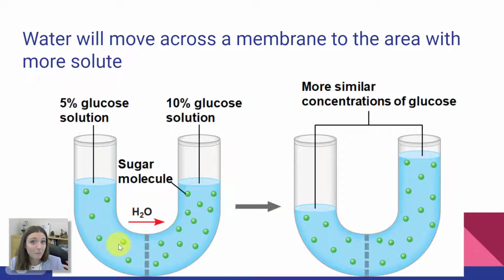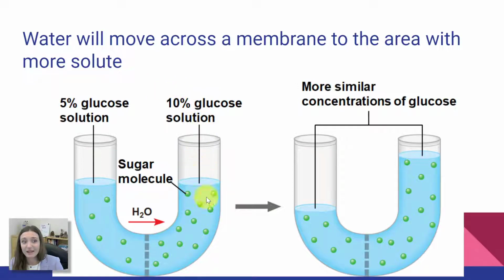So water, like other molecules, will diffuse to reach an equilibrium. Water will move to where there is more solute, or another way to think about it, water will move to where there's less water, right? There's a 5% glucose solution here, 95% water. 10% glucose here, 90% water.